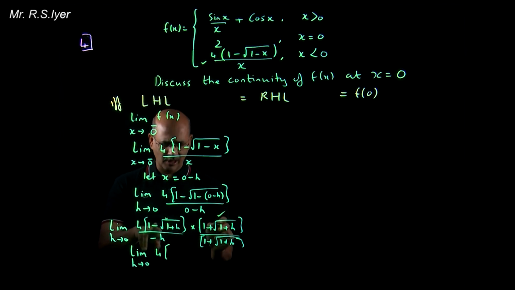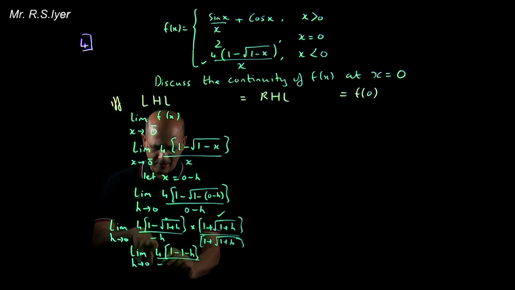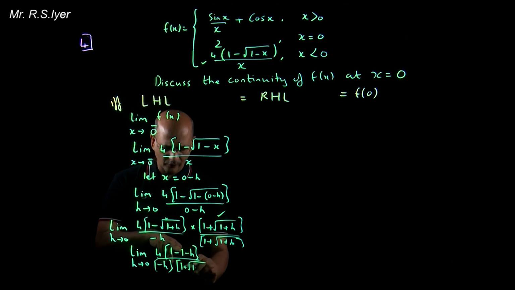So a minus b, a plus b is a square minus b square, check it yourself, upon minus h as it is. What is left out here, children? This is 1 plus root of 1 plus h.